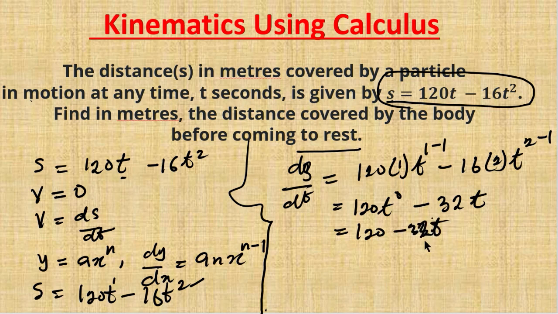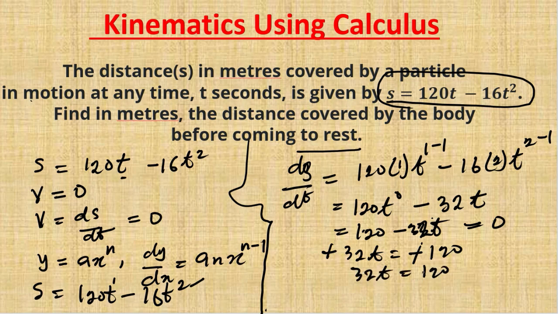If ds/dt is equal to 120 minus 32t, and ds/dt, which is the same thing as v, is equal to 0, then I can equate this to 0, so that my minus 32t will be equal to minus 120. Minus cancels minus here, and 32t is equal to 120.